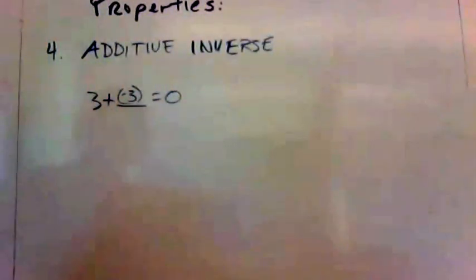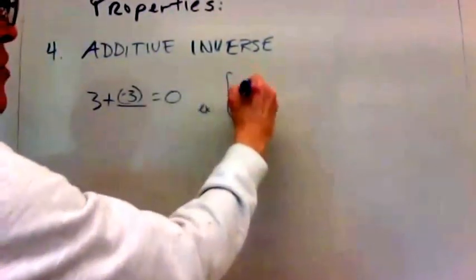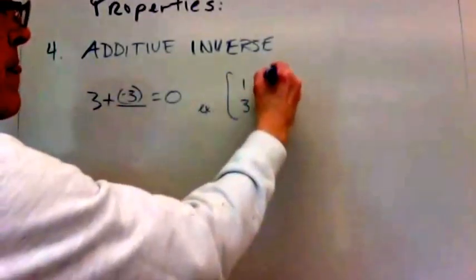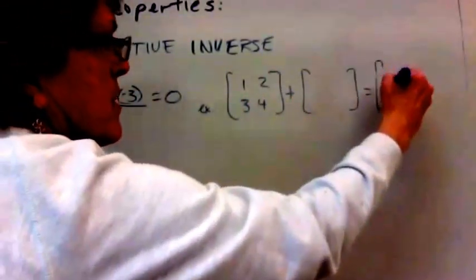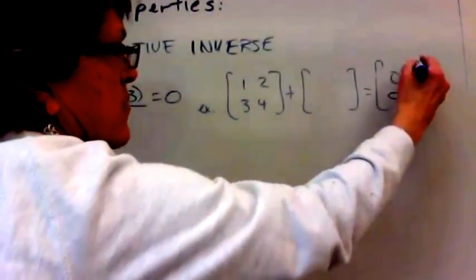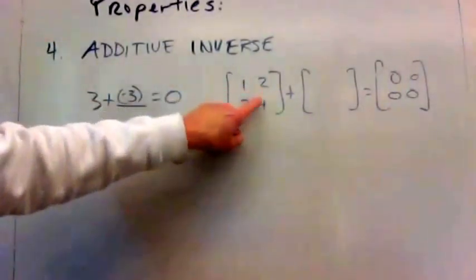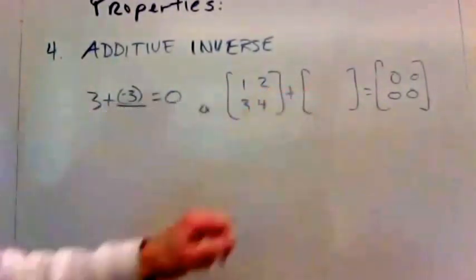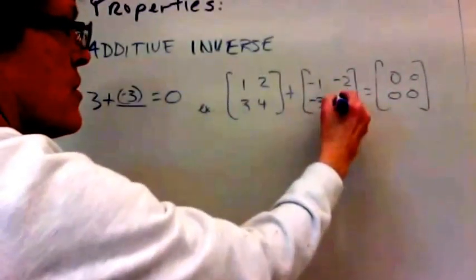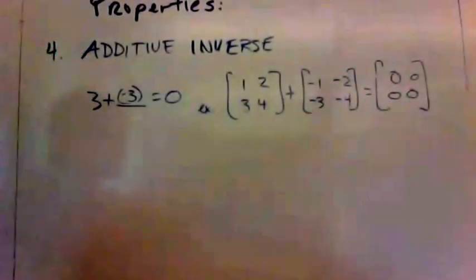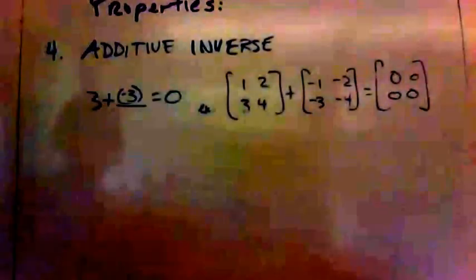If we're talking about the additive inverse of a matrix, do an example, 1, 2, 3, 4, whatever we add to this, we want to end up with the additive identity, which is that. So you can tell that to every entry in this matrix, you would have to add the additive inverse in order to get the additive identity 0, 0, 0, 0 as your answer.